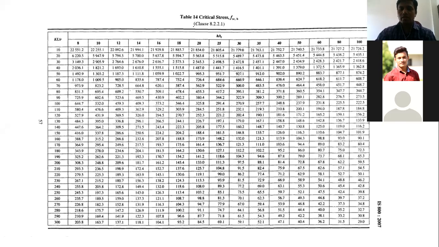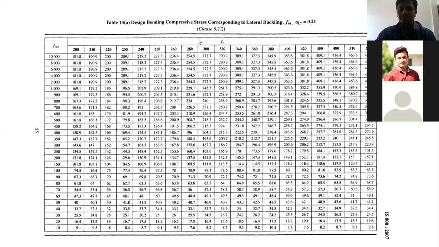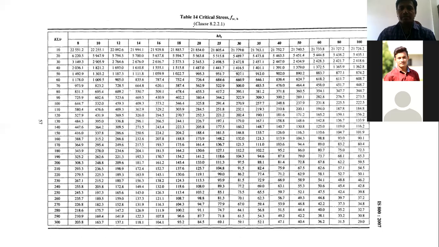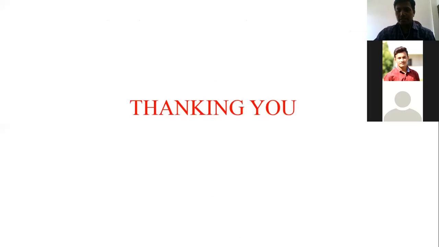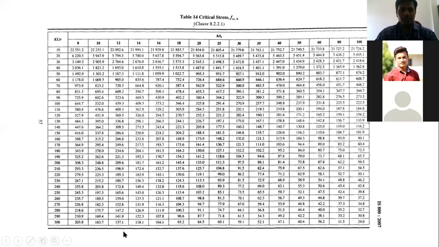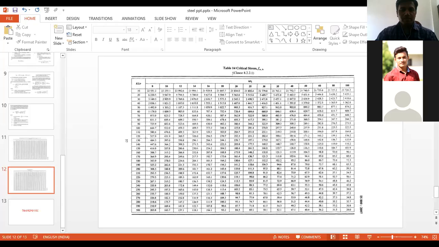Once you get FCR, come to table number 13, in which, according to the value of FCR and FY, normally we'll assume 250, I can calculate the value of FBD. So this is the simple methodology. It is very simple as compared to the laterally supported beam. I'm just giving you an example of this.